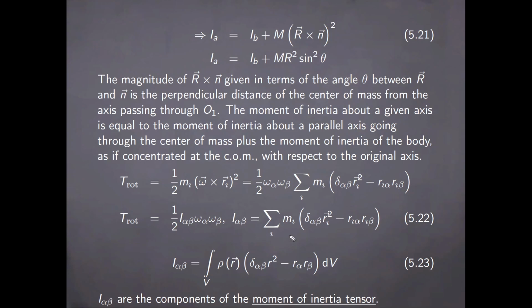And this is written for a system of mass points, but we can generalize the definition immediately to a continuous mass distribution to obtain the formula here. So these components, alpha and beta of I, are the components of the moment of inertia tensor.